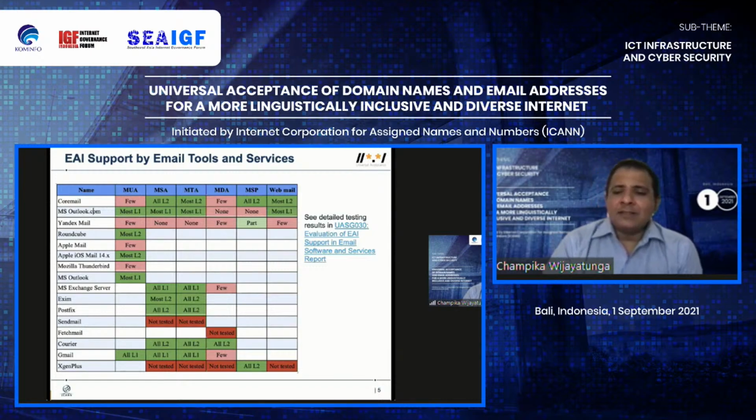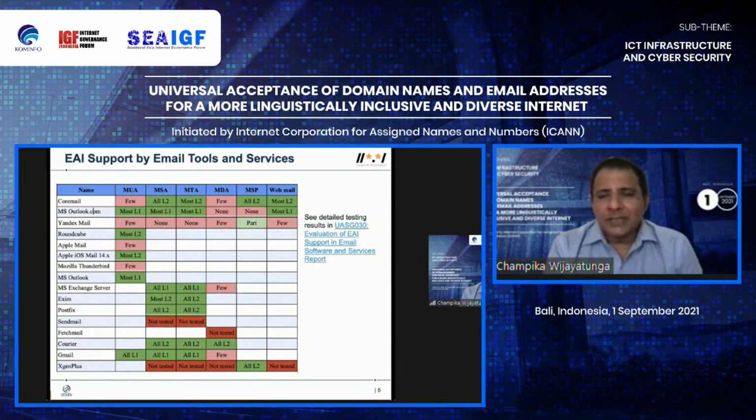For example, there is a component for the client, there is a component for the mail servers, which means the transport part and delivery part, and so on. So you can see that different components are listed in this chart, where you can see something like MUAs, MSAs, and so on.